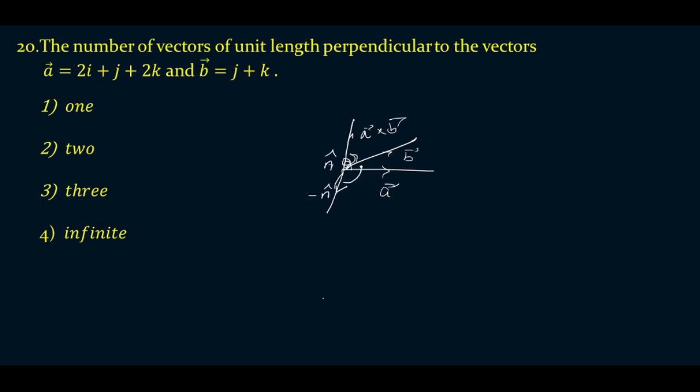This value is b cross a, not a cross b, it is b cross a. It is perpendicular to a and it is also perpendicular to b. Therefore, the two vectors perpendicular to both a and b, therefore, the correct option is 2. Two unit length vectors perpendicular to both the given vectors.